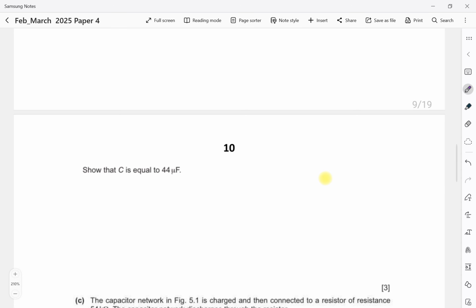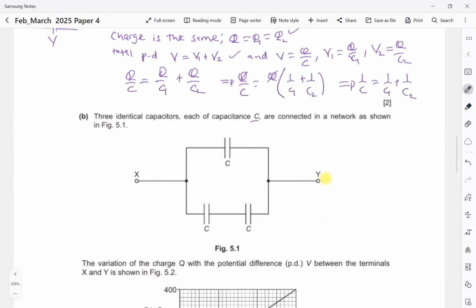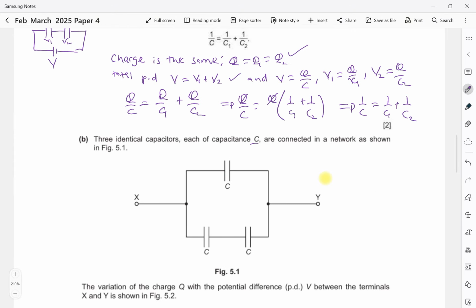Okay, so total capacitance in series. We have seen here that in series the total capacitance is 1 over C1 plus 1 over C2, which is the same as C equals the product, C1 C2, over the sum, C1 plus C2.